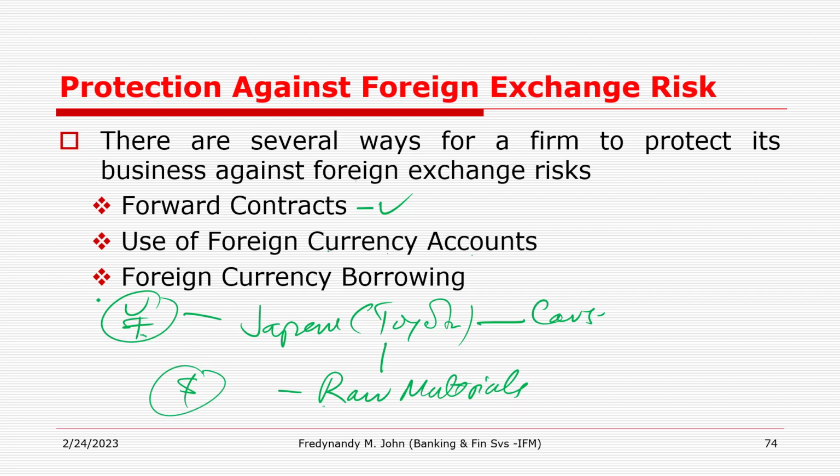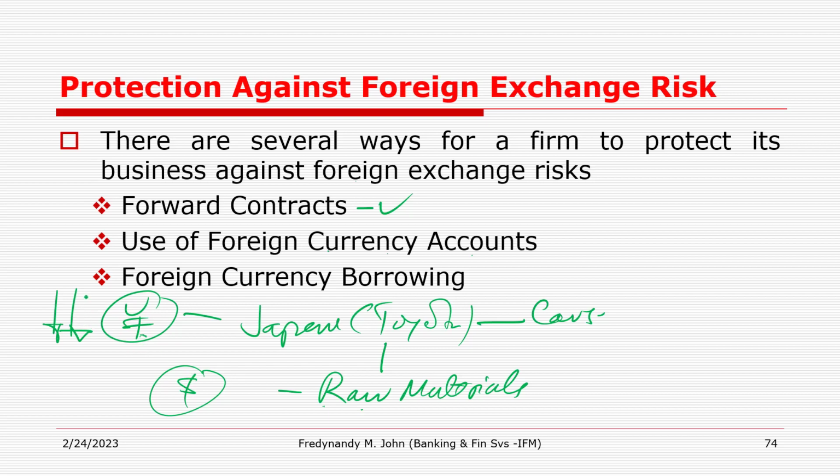In case the Japanese yen has depreciated in its value, it means a lot of Japanese yen will be used to purchase raw materials because they have to be converted into dollar.